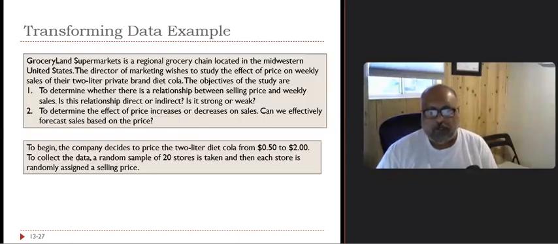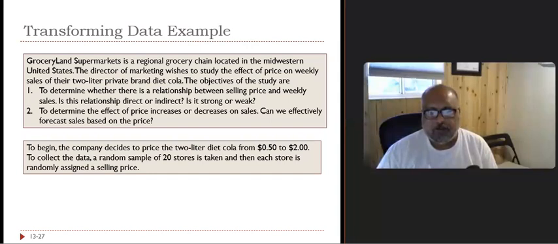There is an example here that we can use to see how it works. Grocery Land Supermarkets is a regional grocery chain located in the Midwestern United States. The director of marketing wishes to study the effect of price on weekly sales of their 2-liter private brand Diet Cola.